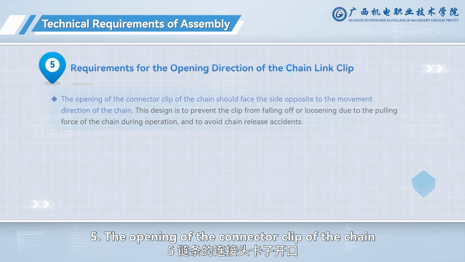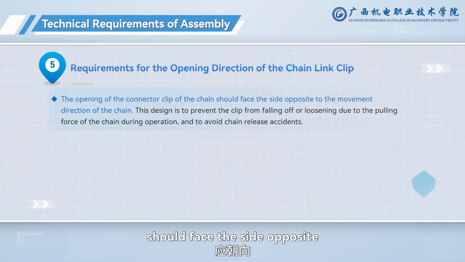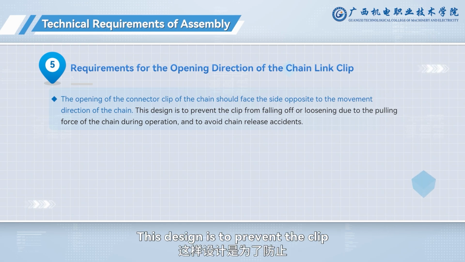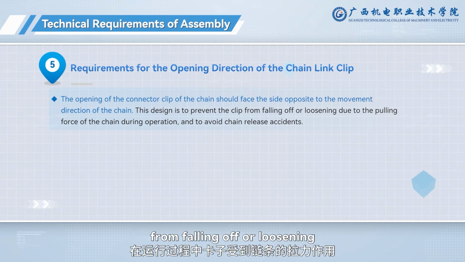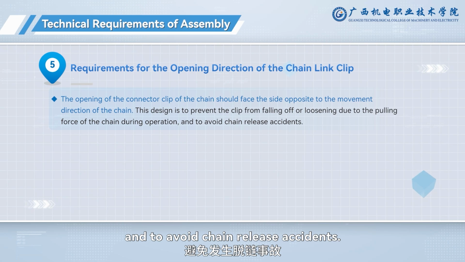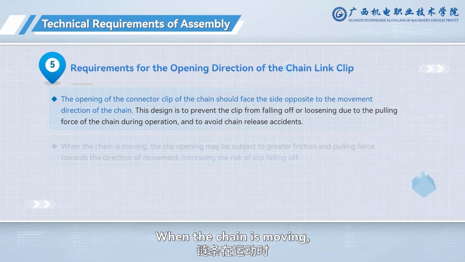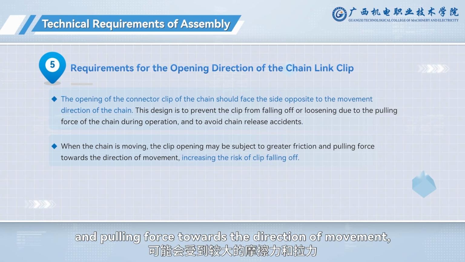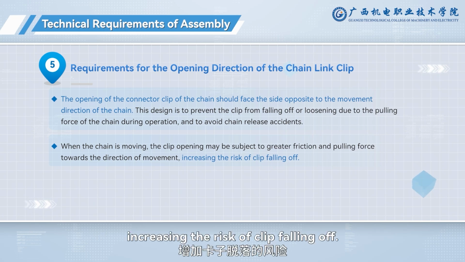5. The opening of the connector clip of the chain should face the side opposite to the movement direction of the chain. This design is to prevent the clip from falling off or loosening due to the pulling force of the chain during operation, and to avoid chain release accidents. When the chain is moving, the clip opening may be subject to greater friction and pulling force towards the direction of movement, increasing the risk of clip falling off.